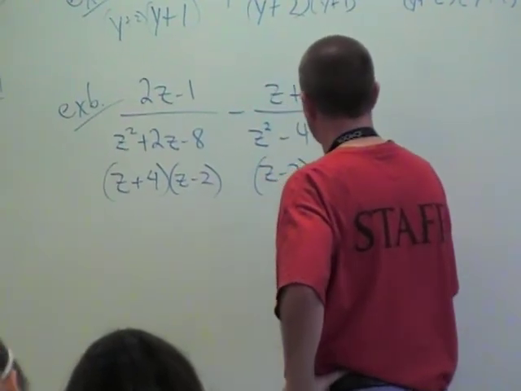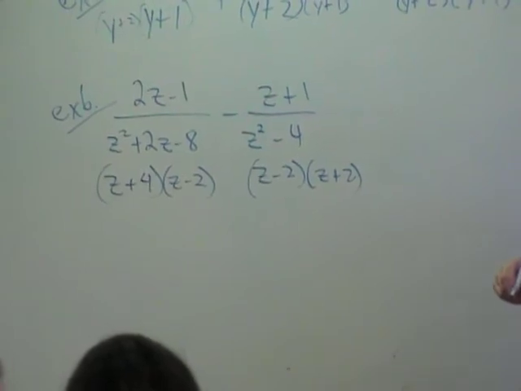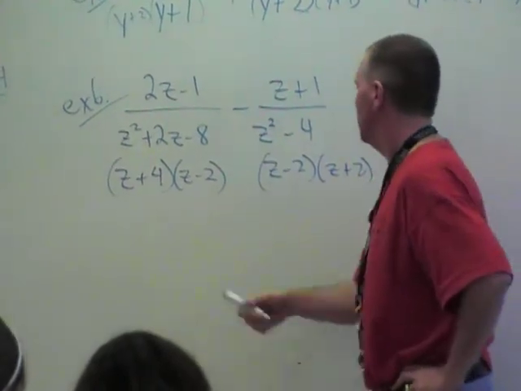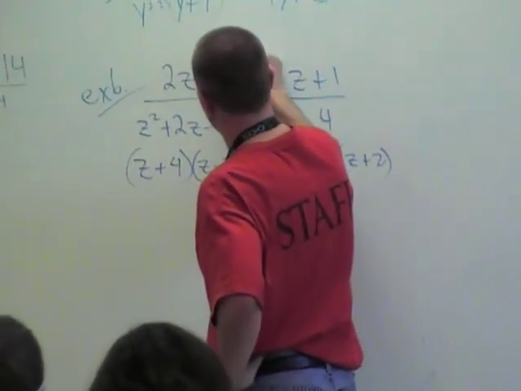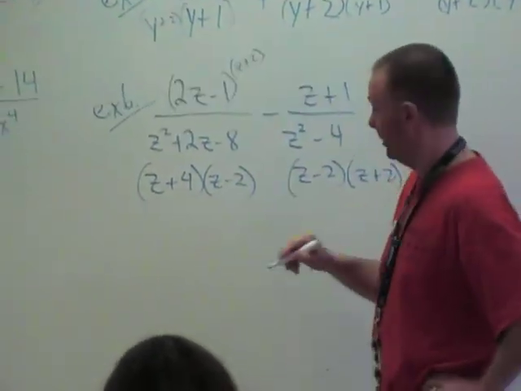So would you just take the left line times z plus 2 and then the right line times? Yep, what's missing here? We're missing a z plus 2. So we got to multiply this side by z plus 2. Don't forget, that's the whole thing you need to multiply.